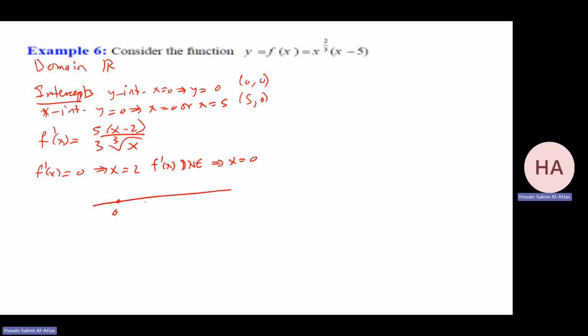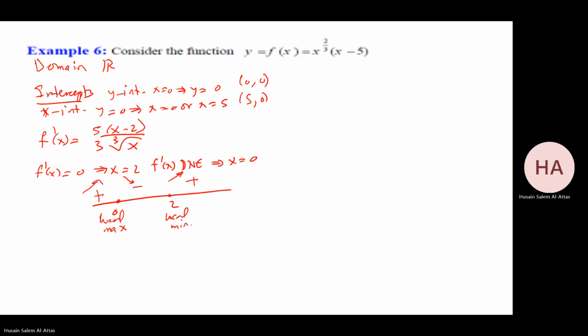So I'll put 0, 2. Before 0, negative, negative, negative, that will be positive, that will be negative, that will be positive. Increasing, decreasing, increasing. So I have a local max here, a local min here.